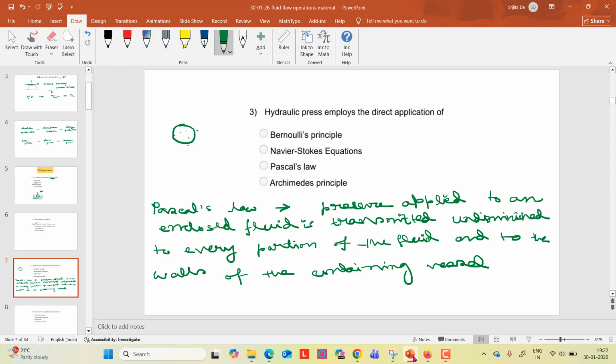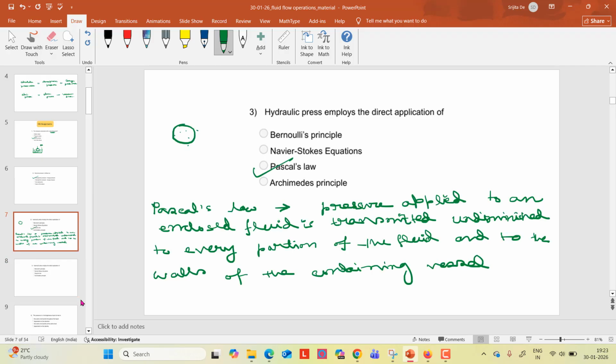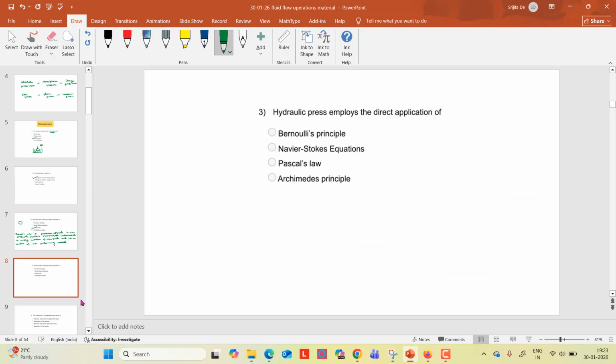So the hydraulic press also works on the direct application of Pascal's law. Oh, sorry, I have repeated the same question.